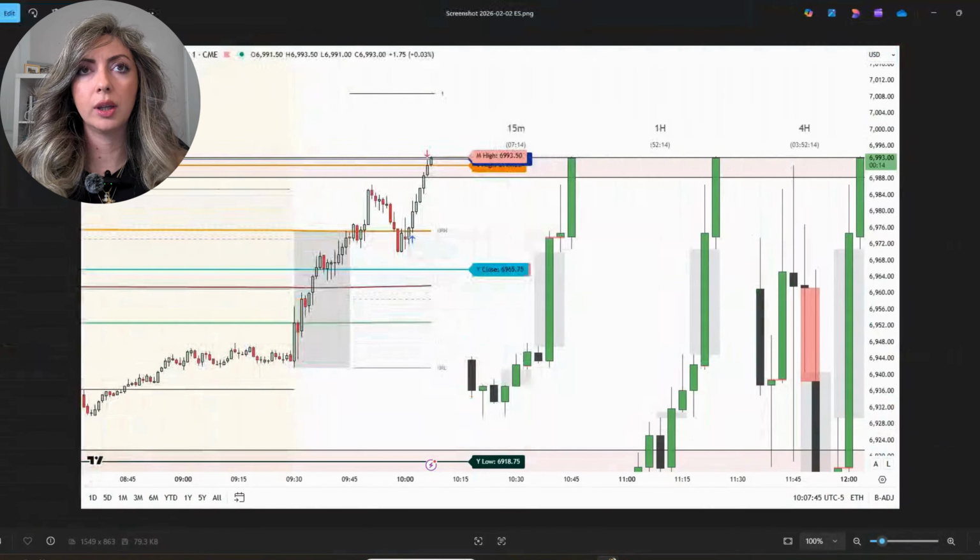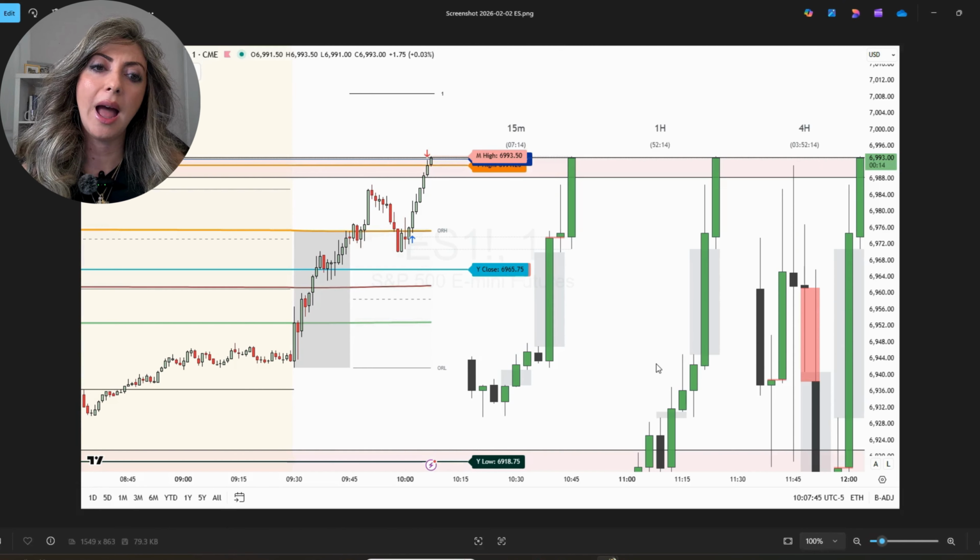I was looking at this equity chart at the same time, and I was also looking at the 15-minute and 1 hour time frames. Clearly on the 1 hour and the 4 hour time frames, we had a bullish structure, and on the 15-minute time frame, as I said, we had the break of this consolidation area to the upside.